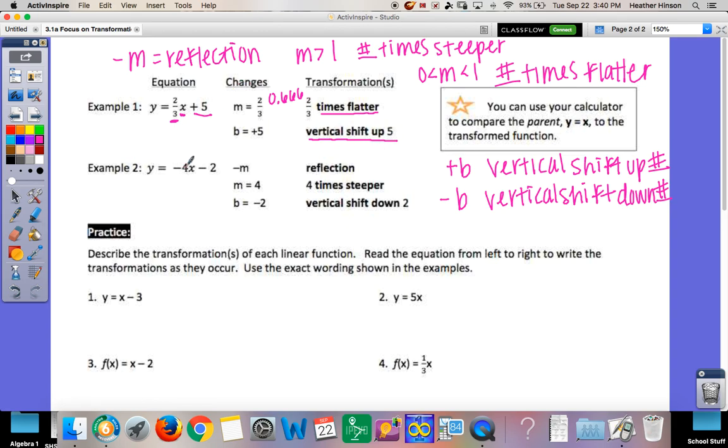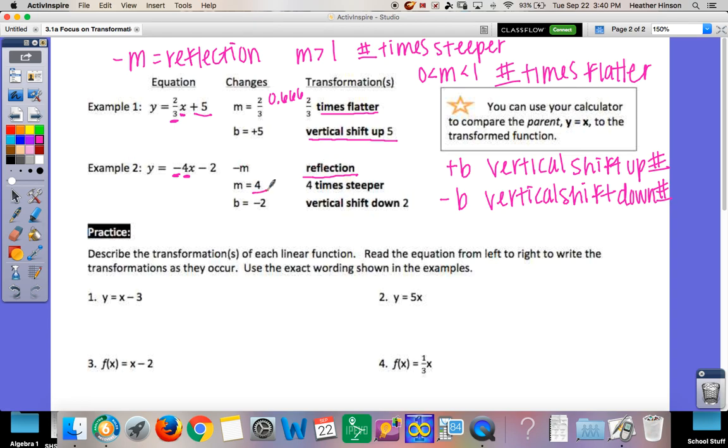For example 2, our m has 2 things on it. It has a negative and a 4. That negative means something different than the 4. The negative means reflection. The 4, well, that's greater than 1 because we already took care of the negative. We're not looking at negative 4 as a whole, just 4 because the negative is reflection.